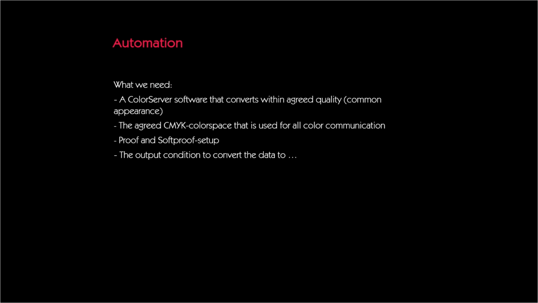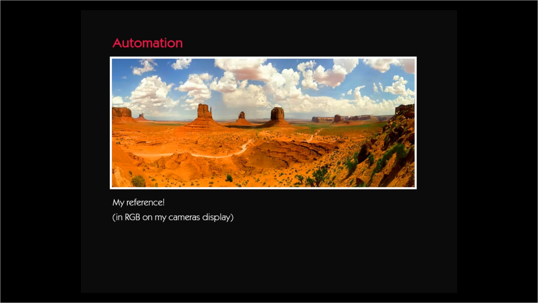And then, how will it look? So here I have my reference now. This is my RGB image on my camera display. And if I now switch, I look at my image in the CMYK preview. So I'm using as a reference my Color Master. This is a step I would do in Adobe Photoshop, for instance, for judging my image. I will switch back and forth. Maybe you see some differences.